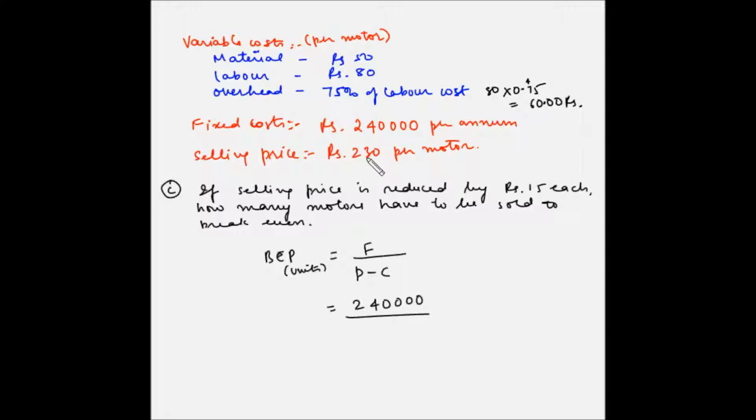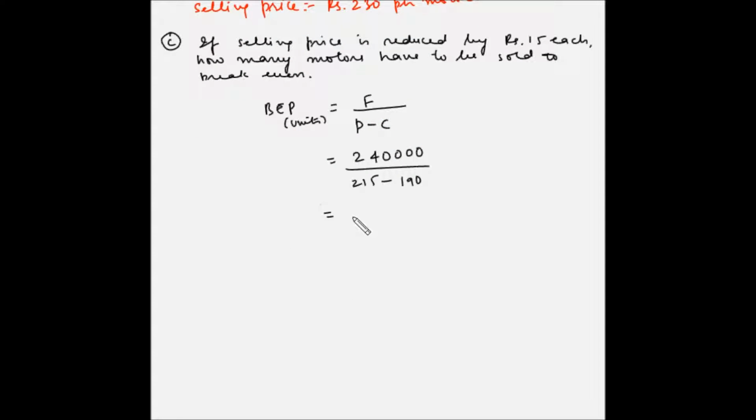Unit selling price is now 230 minus 15, which is 215, and the unit variable cost is the same, which is 50 plus 80 plus 60, which is 190. So this is equal to 2.4 lakhs divided by 215 minus 190, which is 25.